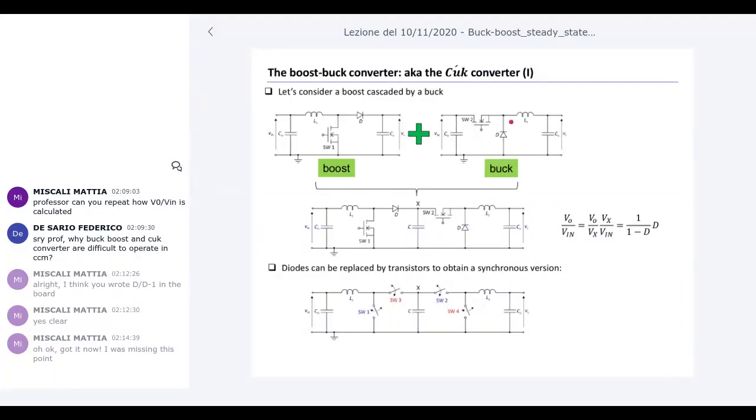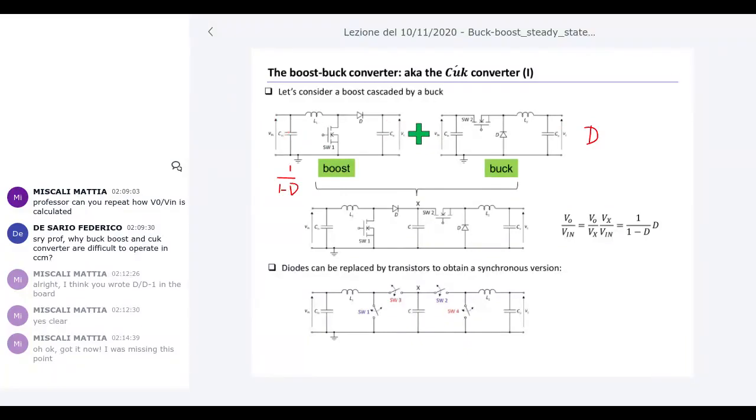For example, as shown in this slide, the Chuk converter has the buck and the boost. The conversion ratio of the buck is V0 over this voltage here, and this is D. This voltage versus this one, the output versus the input. For the boost, this is 1 over 1 minus D, CCM boost, the output versus the input.